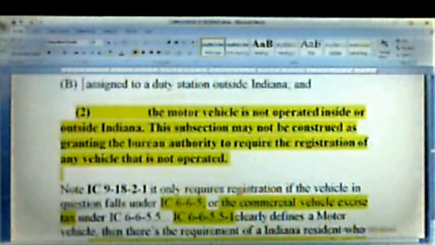This subsection may not be construed as granting the Bureau authority to require the registration of any vehicle that is not operated. Now, isn't that interesting?